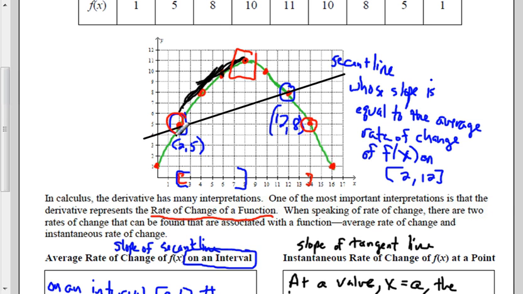Over the closed interval from 2 to 8, and again, I'm saying closed because we're including the 2 and including the 8, it is continuous, and it's also differentiable on the open interval from 2 to 8. But it does not guarantee, because f of 2 is 5, f of 8 is 11.